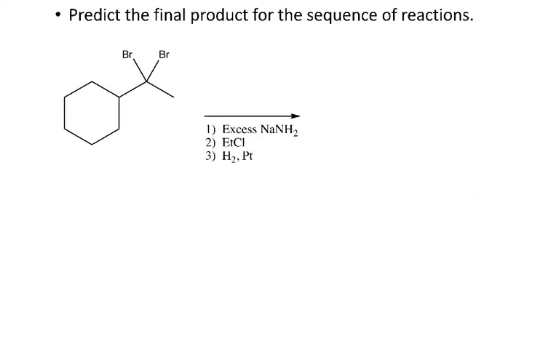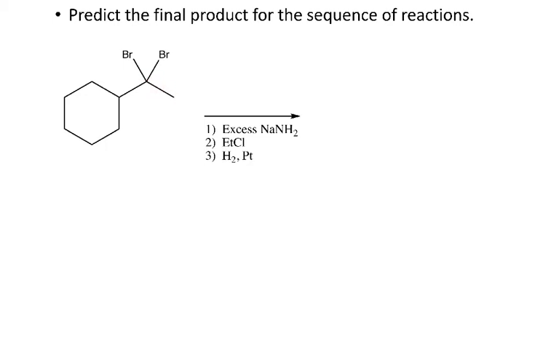All right, in this case, I'm doing a couple different reactions. So first, we're going to react it with excess NaNH2, right? And we learned about this reaction in the preparation of the alkynes. So if I have an alkyl dihalide and I react it with excess strong base, that's going to turn it into an alkyne. But we're going to end up getting a terminal alkyne, right? We're going to get our triple bond here.